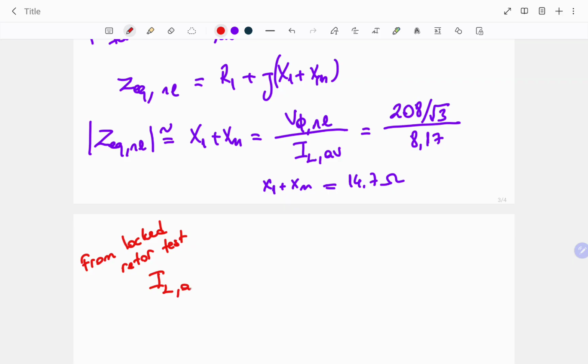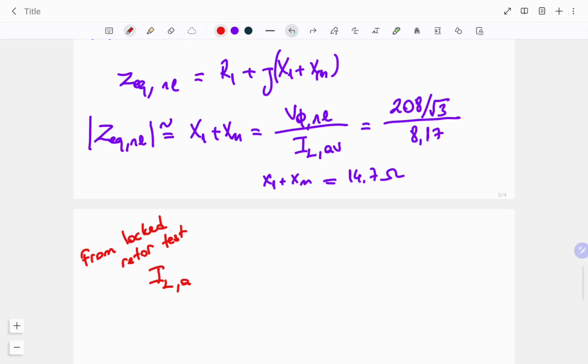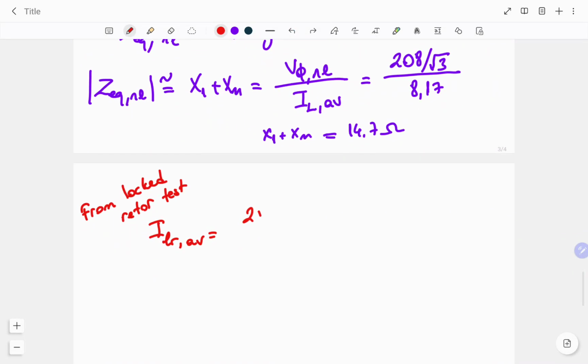The values for the ABC phases are 28.1, 28, 27.6, divided by 3. 27.9 amperes will be the average blocked-rotor current.